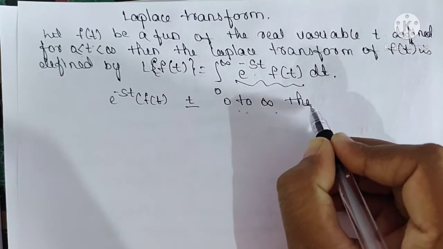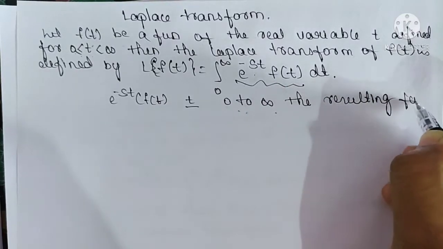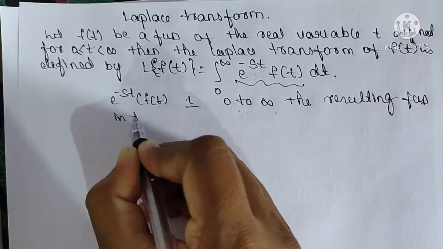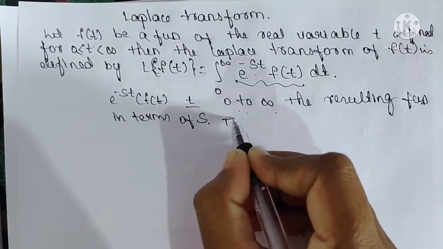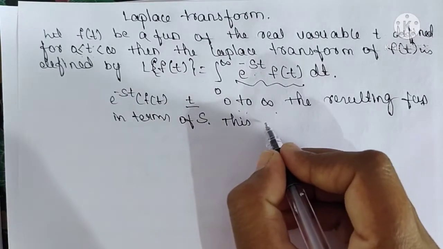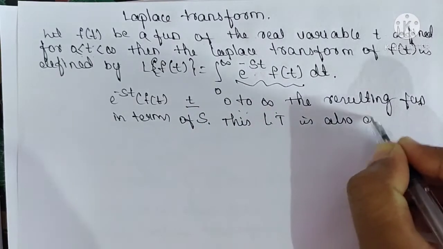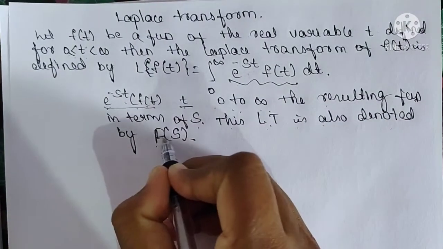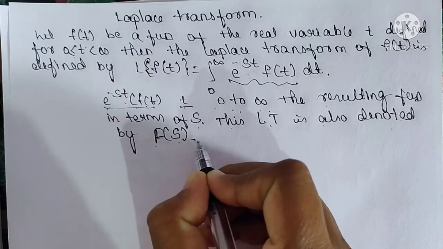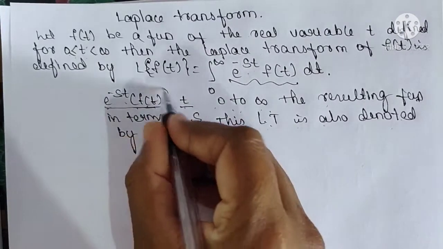Then the resulting function in terms of s, this Laplace transform, is also denoted by F of s, where L is the Laplace transform operator operating on the function f of t.